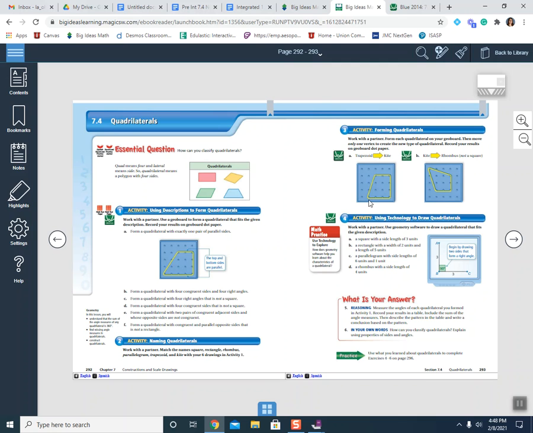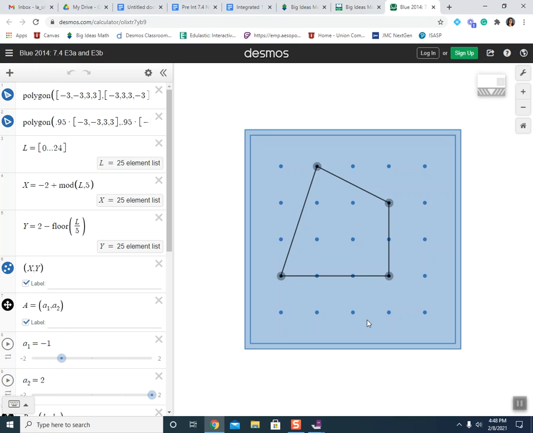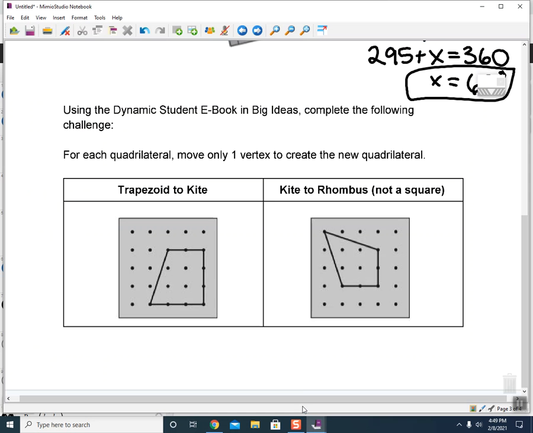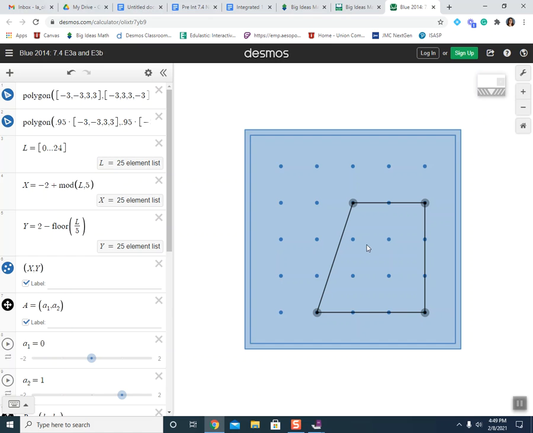This is the starting point, so we're going to move this towards the starting point. Your goal is to move one vertex, one point, so that you turn this trapezoid into a kite. Think about what that would mean.